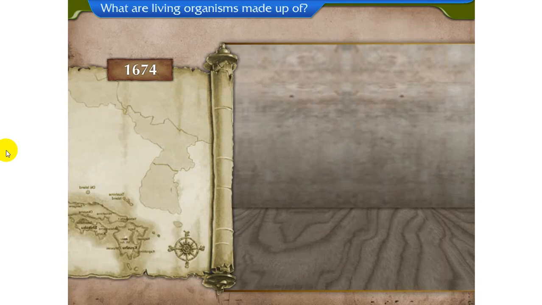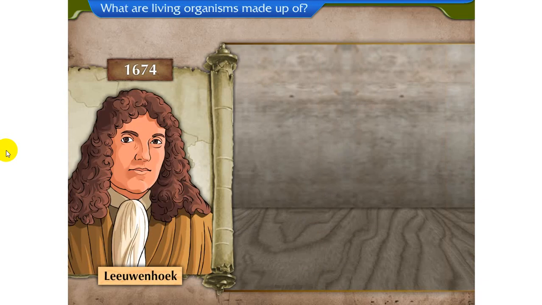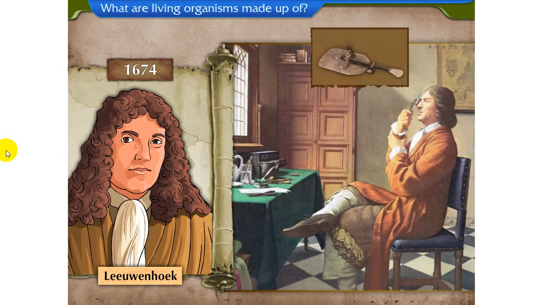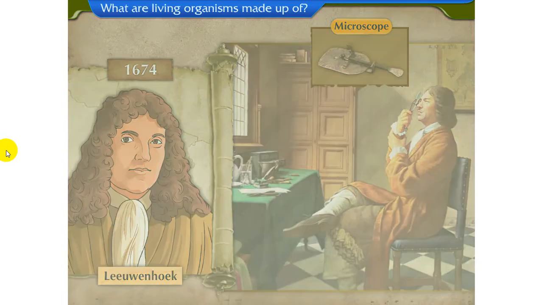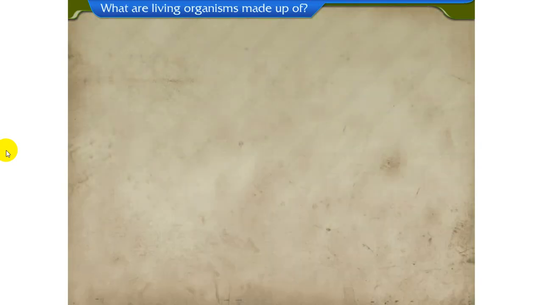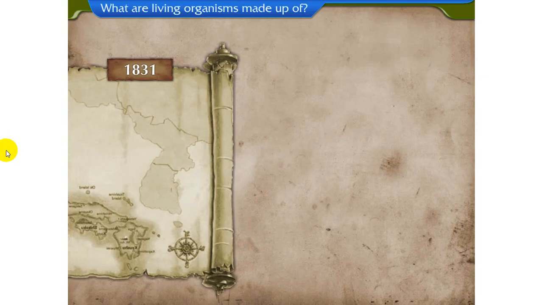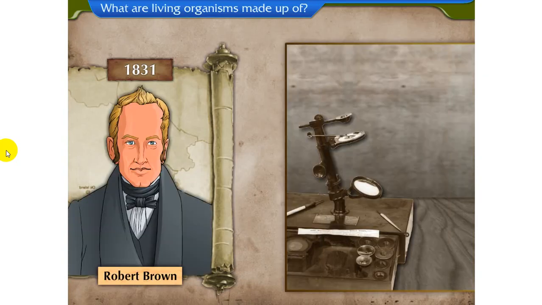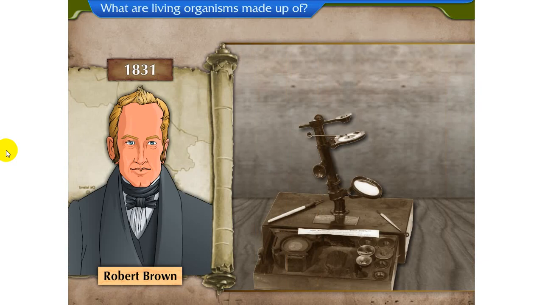Later, in 1674, Leeuwenhoek discovered free living cells in a sample of pond water with the help of an improved microscope. In the year 1831, Robert Brown, a school teacher, continued the work of Robert Hooke on microscopes and invented an advanced microscope.